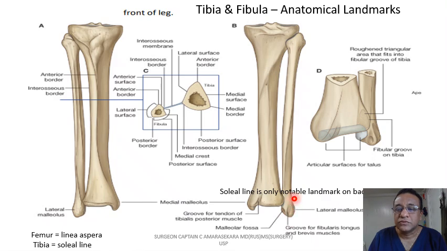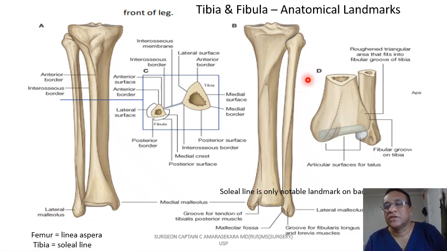This groove provides an area to travel. In this lateral groove, the fibularis longus and brevis muscles will travel. So these are the important landmarks of the distal tibia on the posterior side.